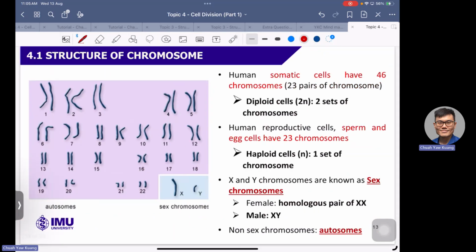Okay, then next, being human, we have 23 pairs of chromosomes. Why is it pairs of chromosomes? Why is it 23 pairs? It is because we receive one set of chromosomes, chromosome number 1 until chromosome 22, plus an X or Y. You receive one chromosome 1 to chromosome 22 plus an X chromosome from your mother, from the ovum.